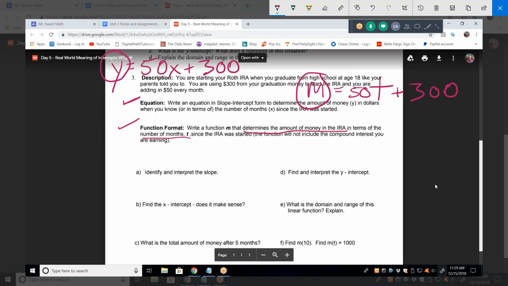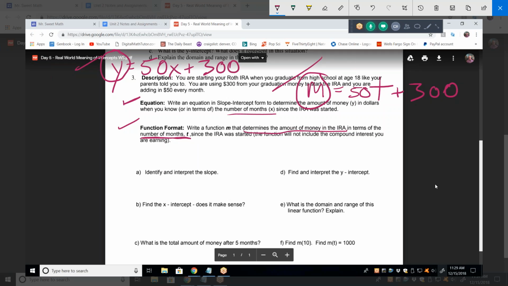When your variable is a unit of time, then you tend to use t instead of x. So even in this one, they told us to use x, but in this one, they told us to use t. So you can use either one, and either one means the same thing. In other words, this is the same equation as that. It's just that m equals y and t equals x.